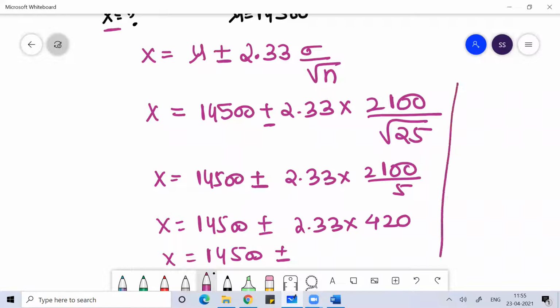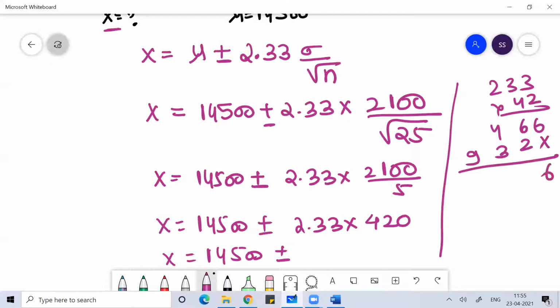You can solve this: 2.33 into 420 is 978.6.